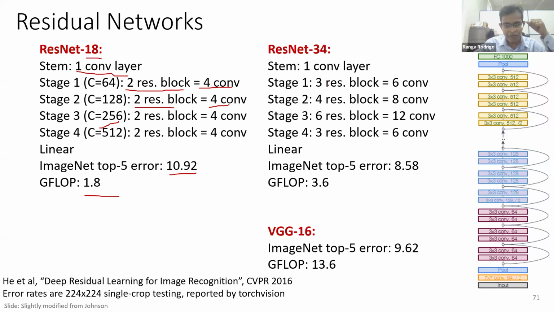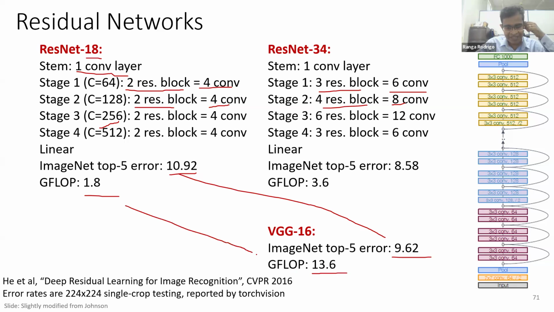Then ResNet 34, 3 residual blocks, 4 residual blocks like that. They construct a 34-layer one. And then if you just take the VGG16, top 5 error was 9.62, sort of comparable with this, and 13.6 gigaflops. You can see how large VGG is in that context.